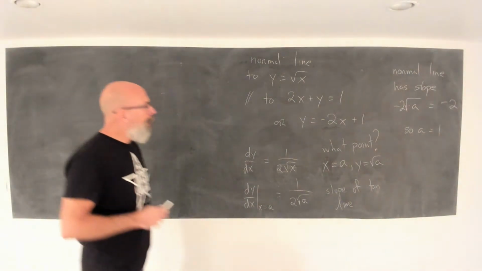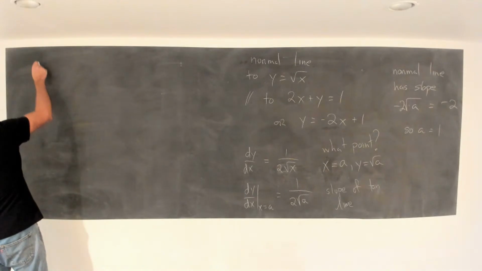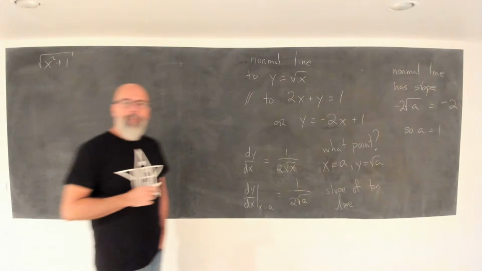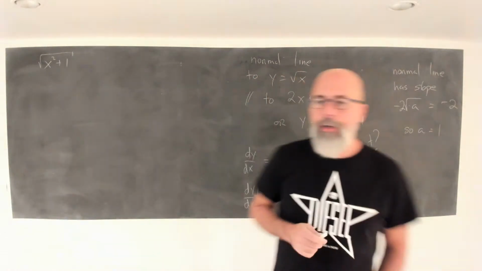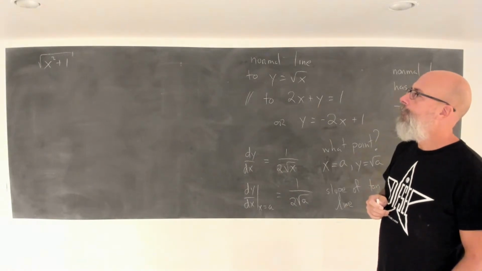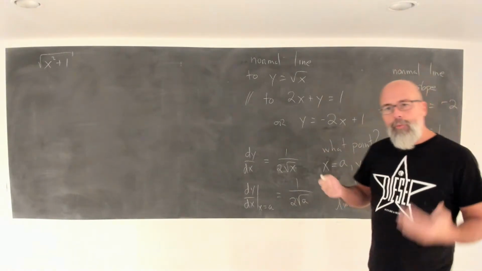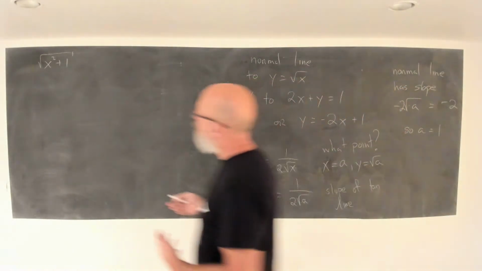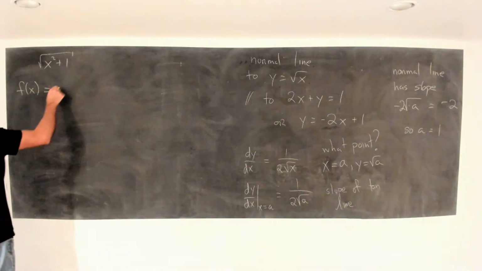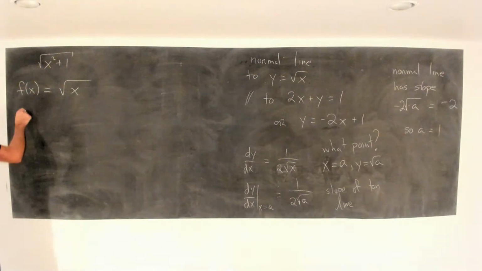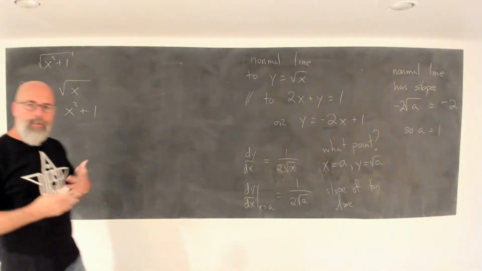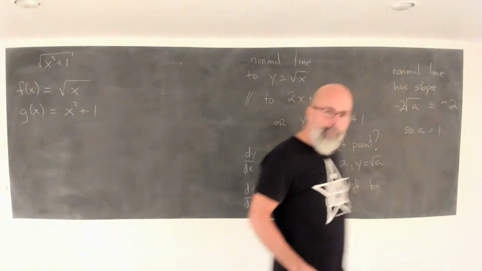But we're still not able to differentiate something as simple as this: the square root of x squared plus 1, which can be viewed as the composition of two functions, right? The composition of square root of x and x squared plus 1. It's made up of these two functions.